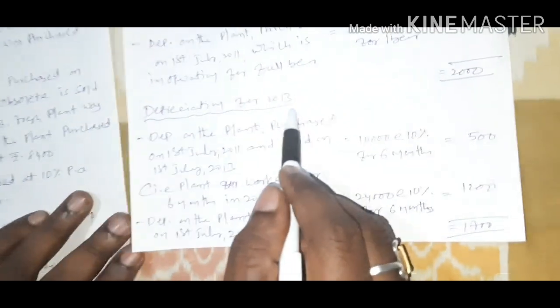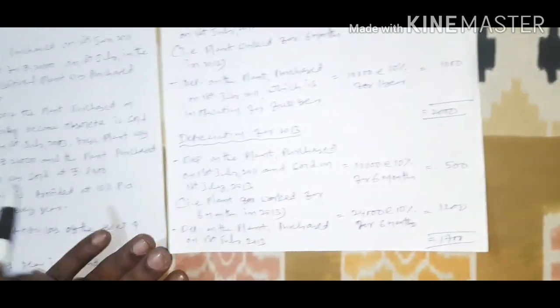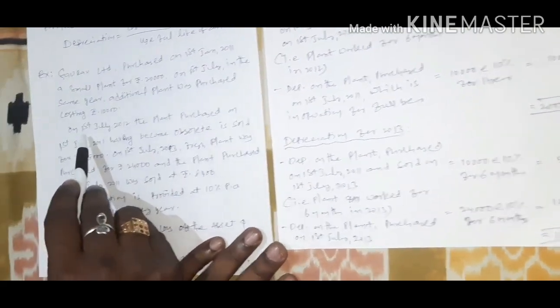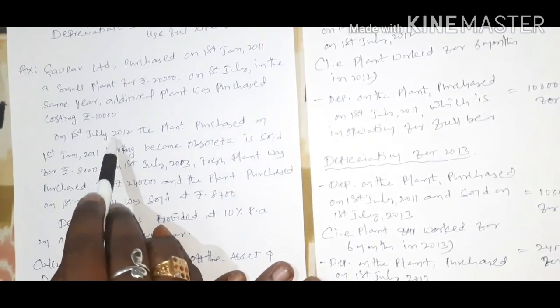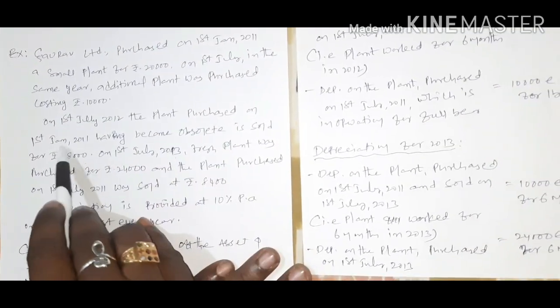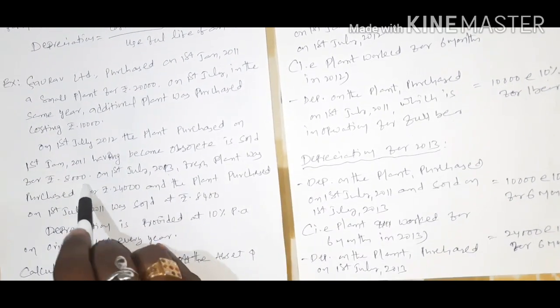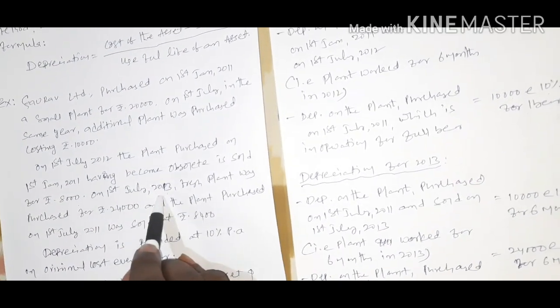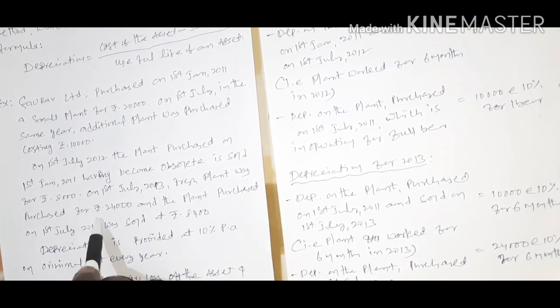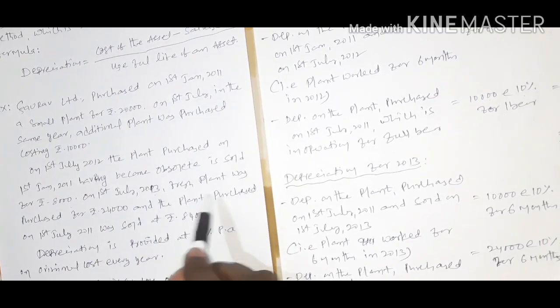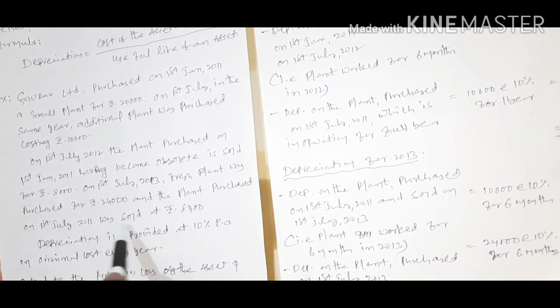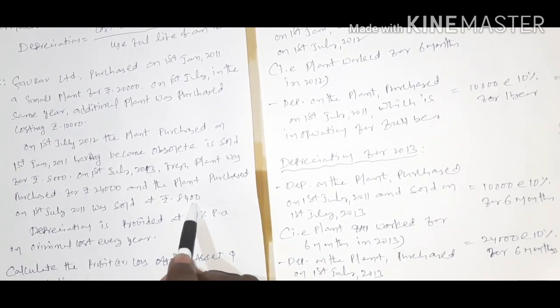Then depreciation for 2013. Friends, again I read the second paragraph. On 1st July 2013, fresh plant was purchased for rupees 24,000 and the plant purchased on 1st July 2011 was sold for rupees 8,400.